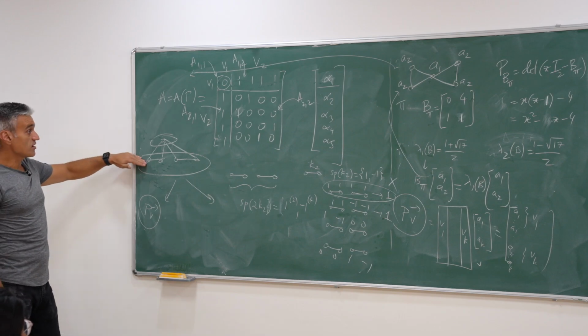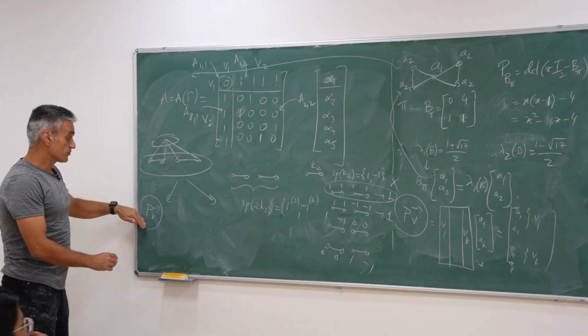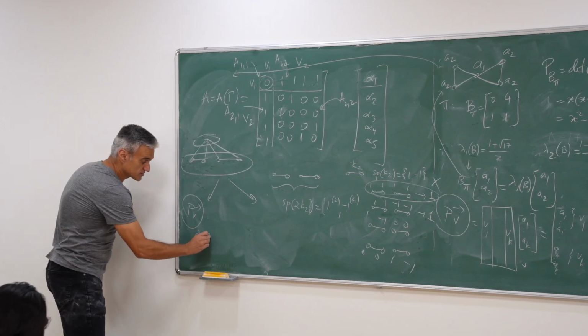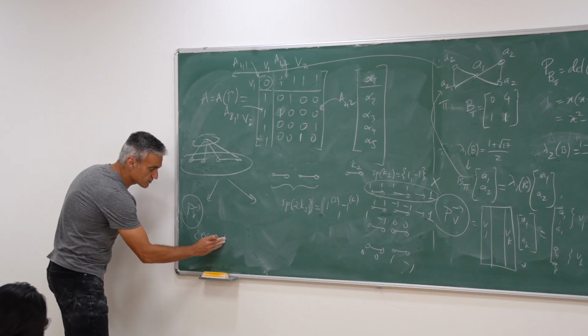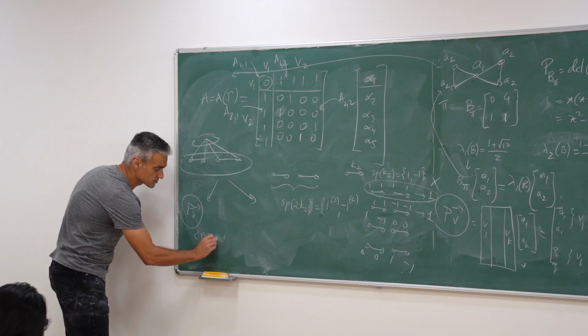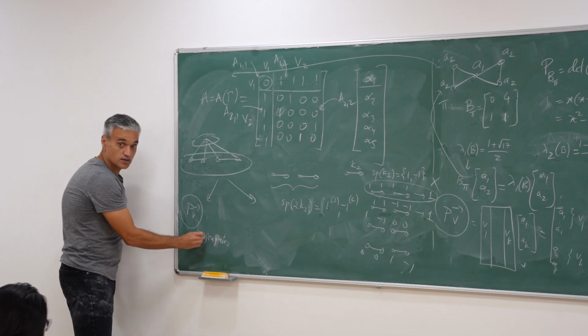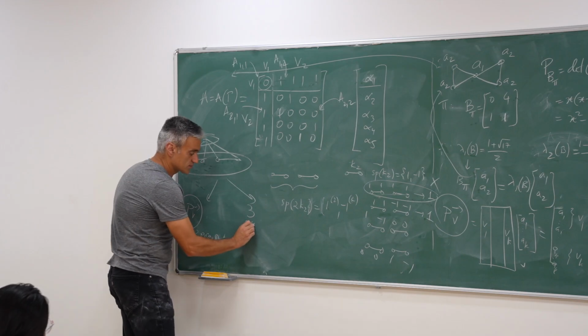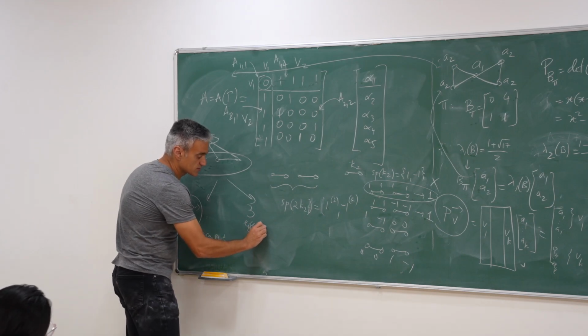So for this graph, from this partition, these constant things, I get 2 eigenvalues, 2 eigenpairs. And from here, I get 3 eigenpairs.